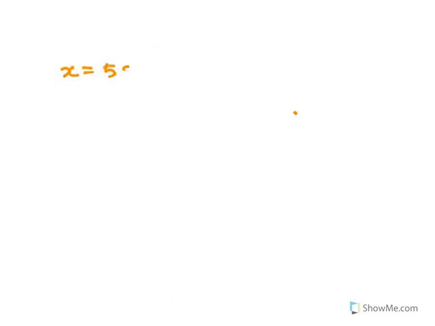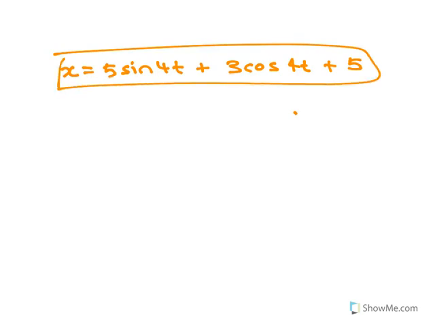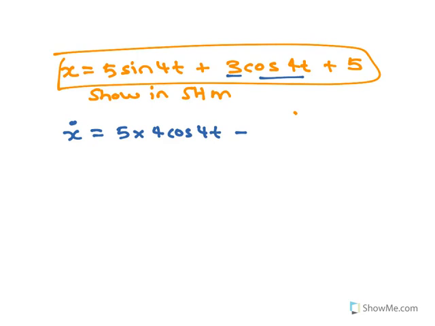You just want to look at another one. Let's look at 5 sine 4t plus 3 cos 4t plus 5. I just want to show that this is in simple harmonic motion. So if you differentiate once, the 5 sine 4t will go to 5 times 4 cos 4t, and the 3 cos 4t will go to minus 3 times 4 sine 4t, and the 5 will go to 0.